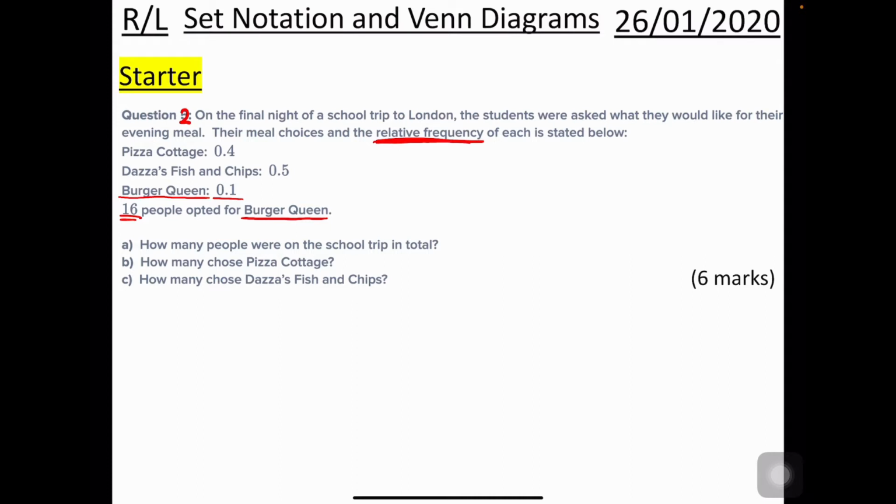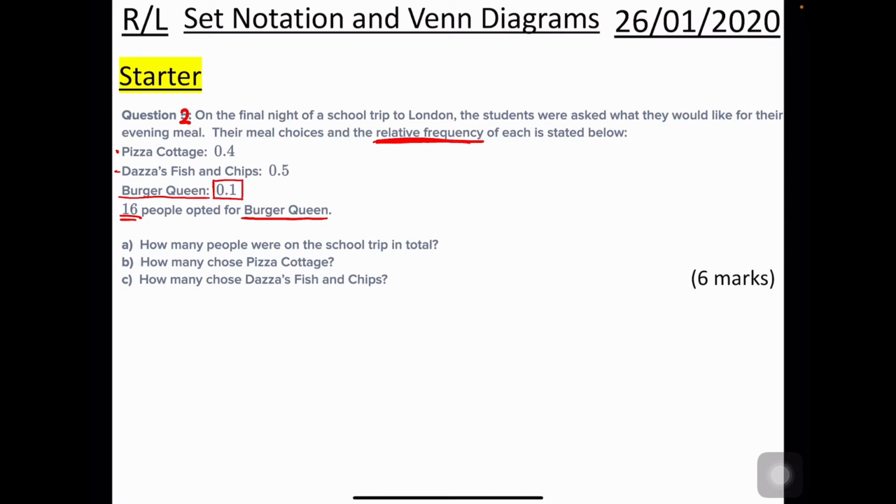Well, we haven't been given the number of people who prefer Pizza Cottage and the fish and chip shop. However, we're going to use the information we have regarding Burger Queen. So 16 people opted for Burger Queen. That represents a tenth of the total.